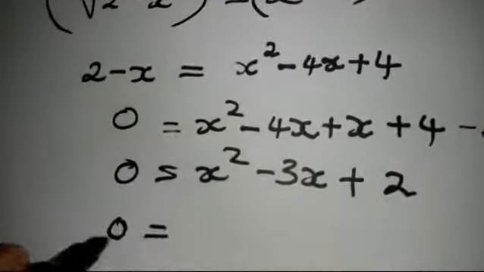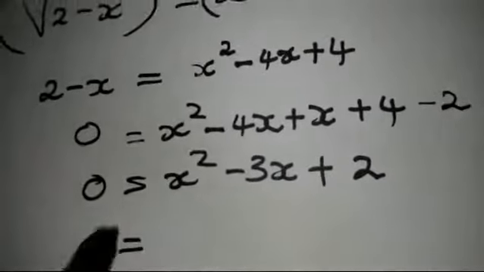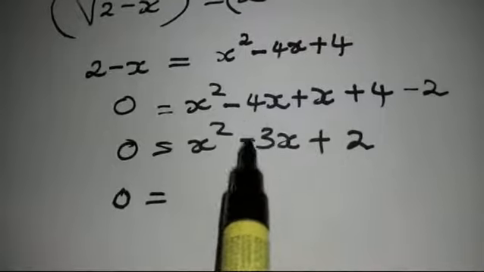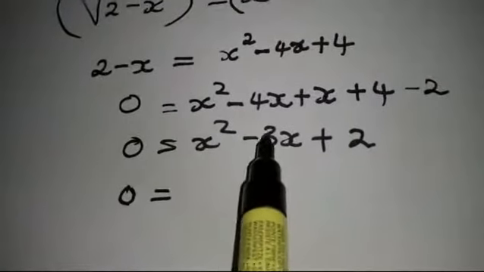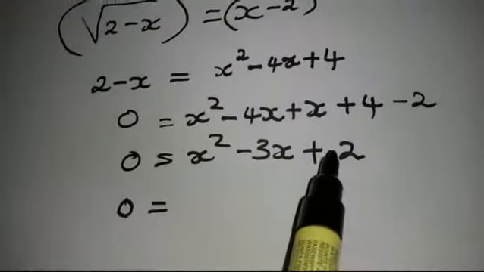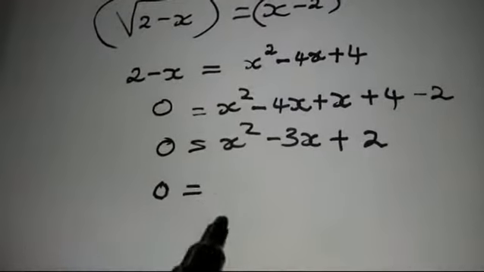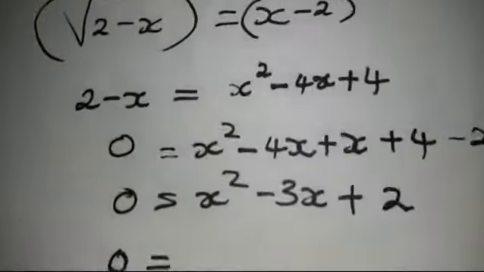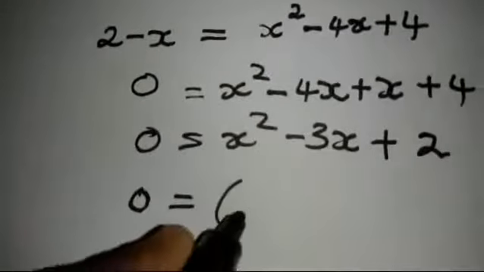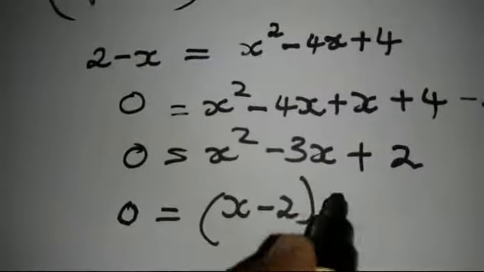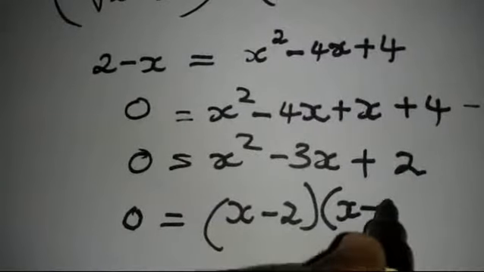Then to solve this, you look for two numbers which, when you add, give you negative 3, and when you multiply, give you 2. Those numbers are negative 2 and negative 1. So it becomes like this: x minus 2 and x minus 1.